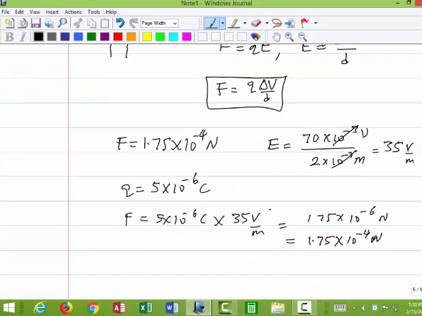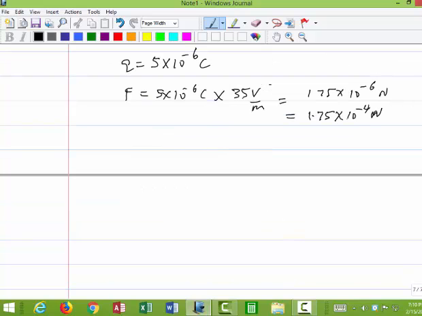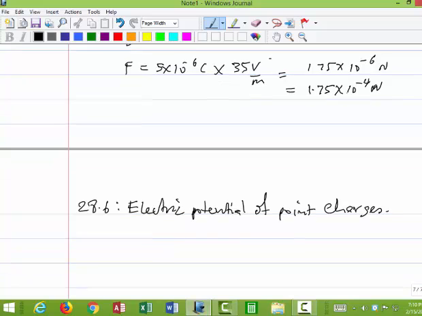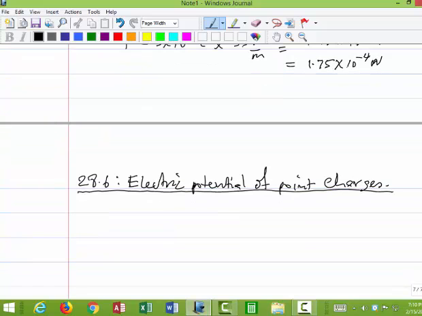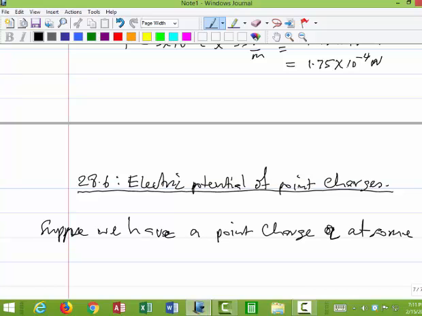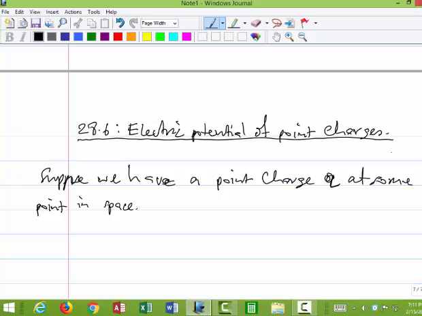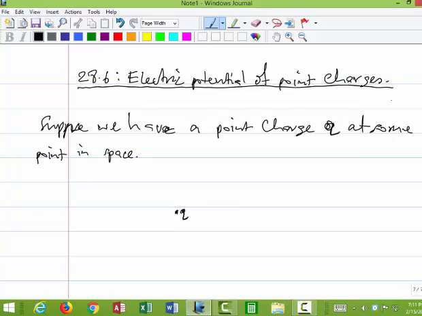Let's go on to look at the electric potential of a point charge. So this is 28.6, electric potential of point charges. Suppose we have a point charge Q at some point in space. So we have Q here. Then what we can say is that Q produces an electric field, of course, all around it.